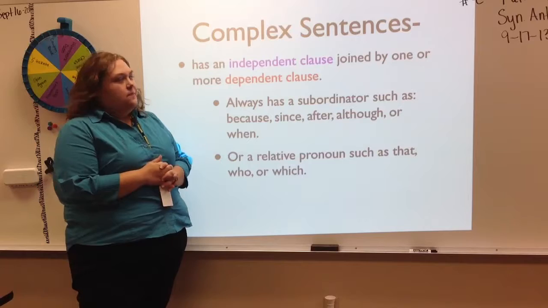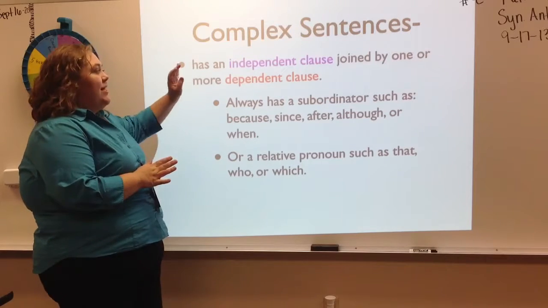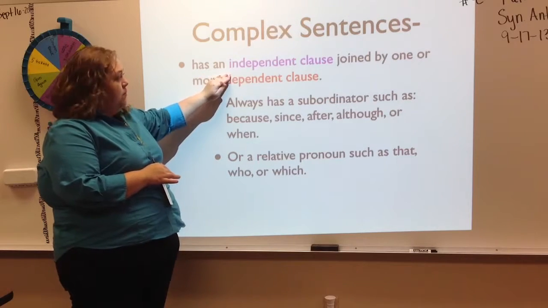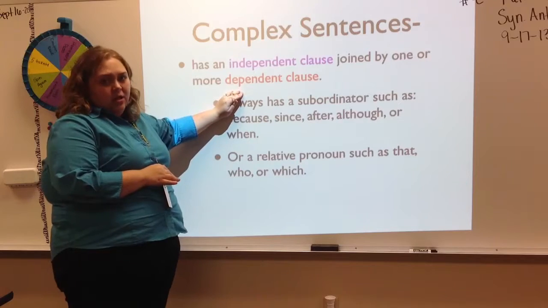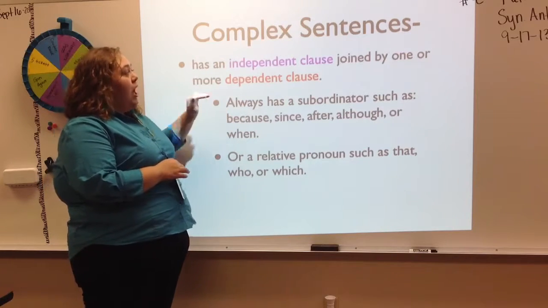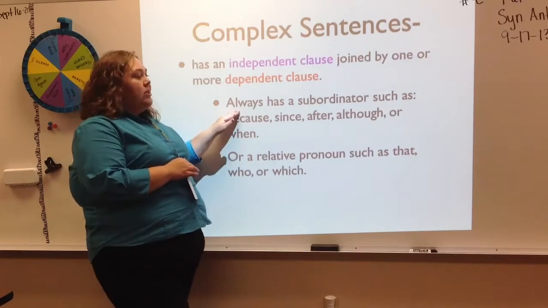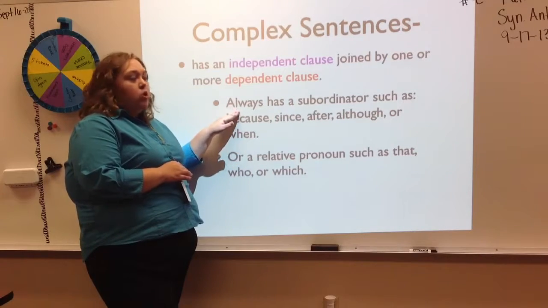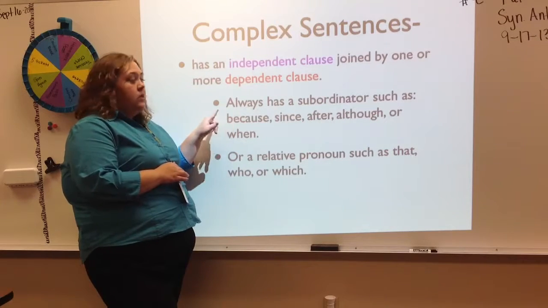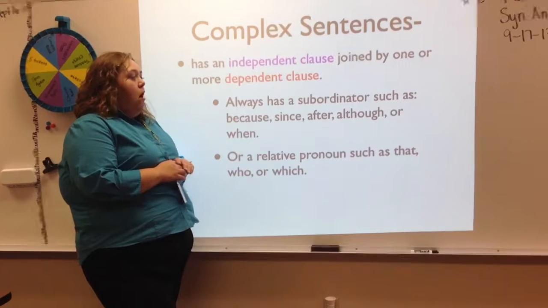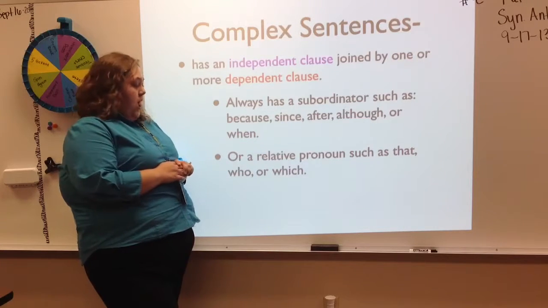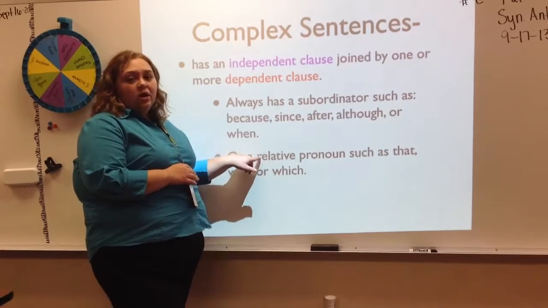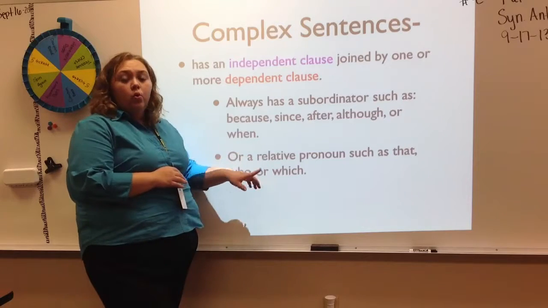Complex sentences. Complex sentences are just one independent clause and 1 or more dependent clauses. Complex sentences are always going to have a subordinator. Subordinators are words like because, since, after, although, and when. You can also have a relative pronoun like the word who or which.